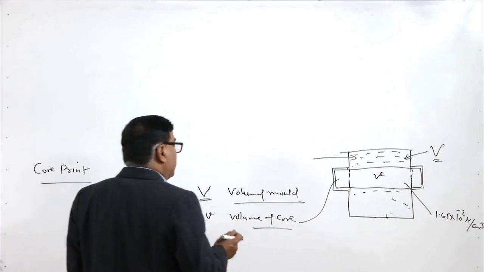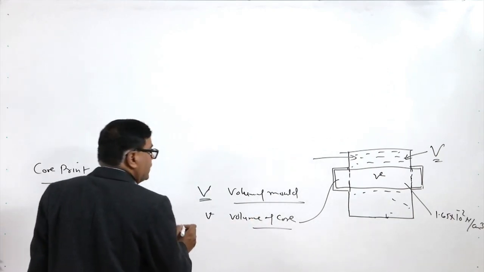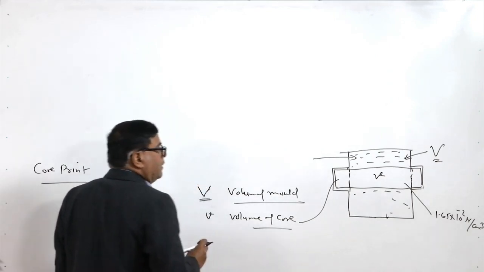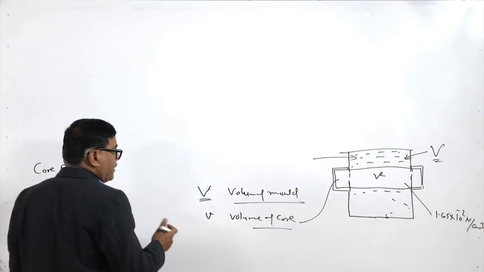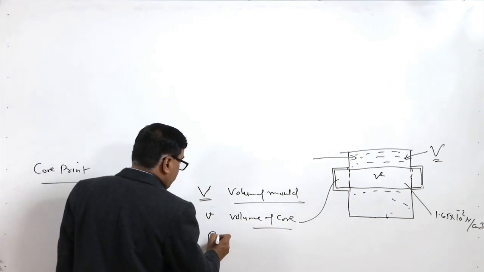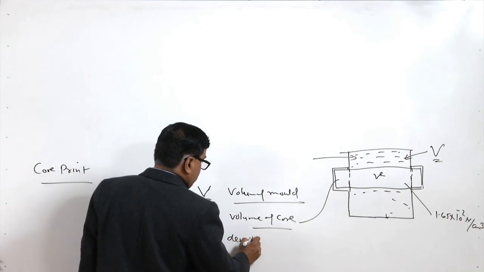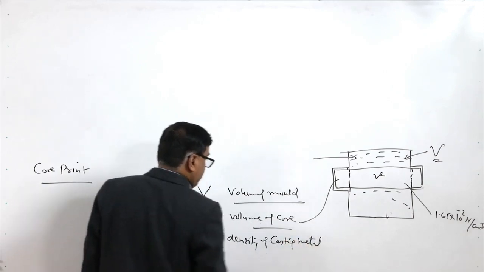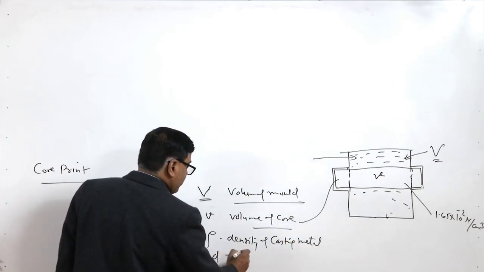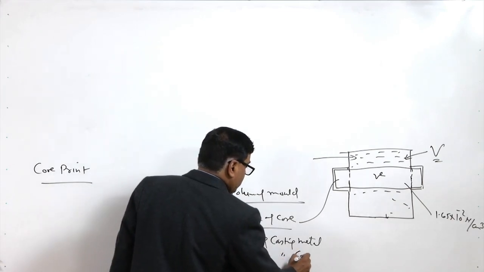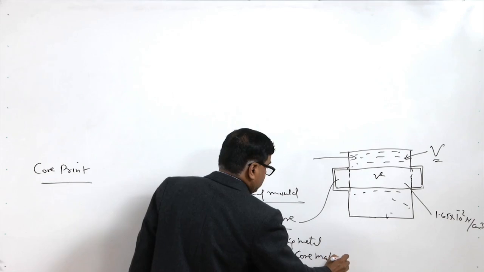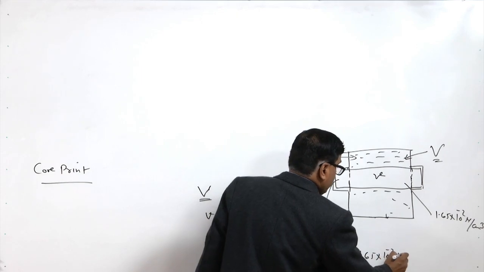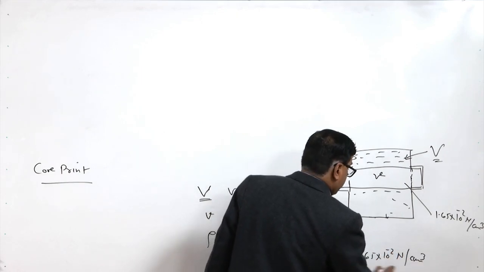If the density of the metal being processed by a casting route is high, so rho is the density of the casting metal, and D is the density of the core material, which is considered 1.65 10 to the power minus 2 Newton per centimeter cube.